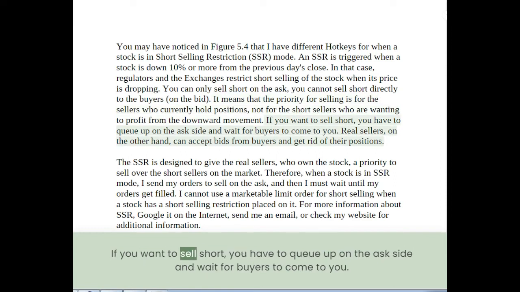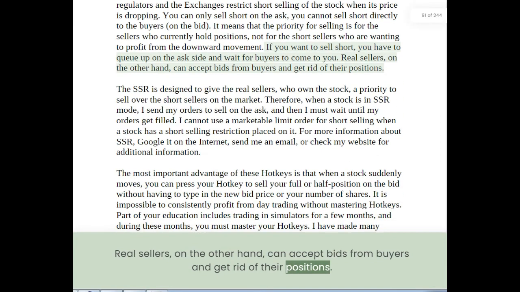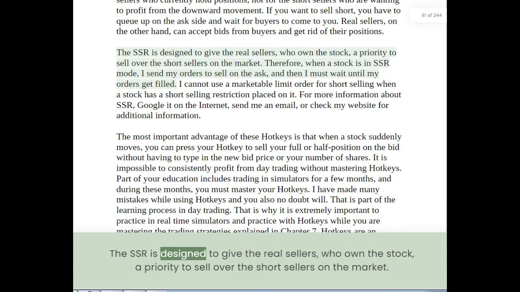If you want to sell short, you have to queue up on the ask side and wait for buyers to come to you. Real sellers, on the other hand, can accept bids from buyers and get rid of their positions. The SSR is designed to give the real sellers, who own the stock, a priority to sell over the short sellers on the market.